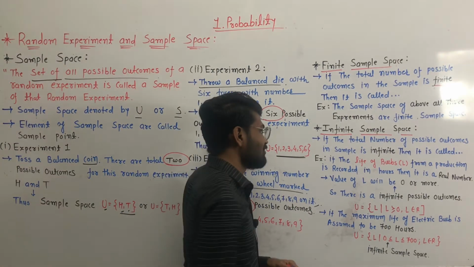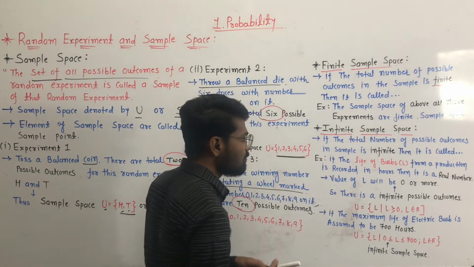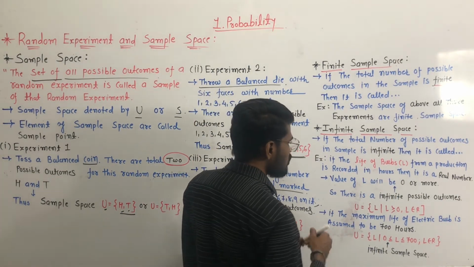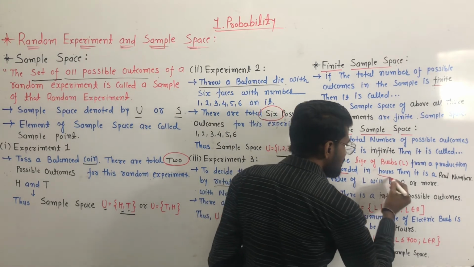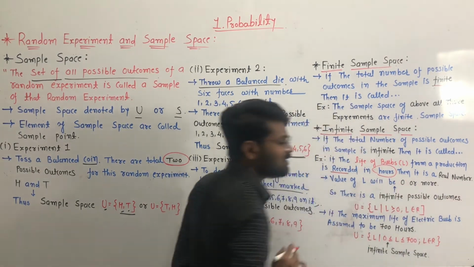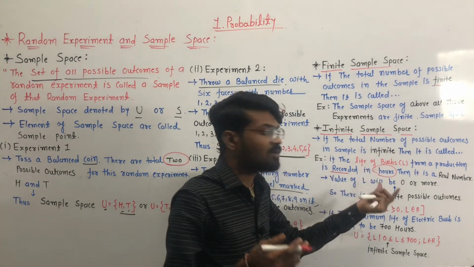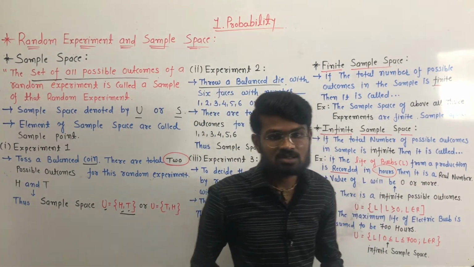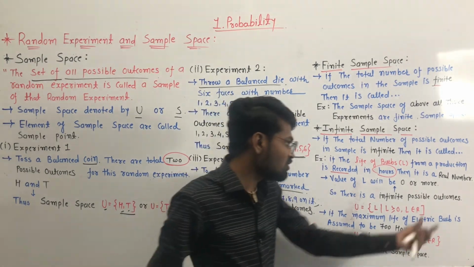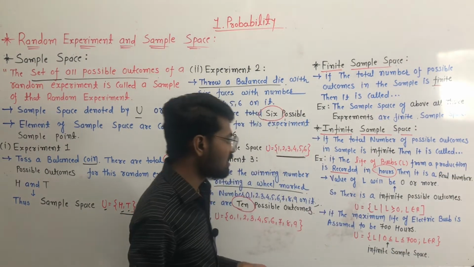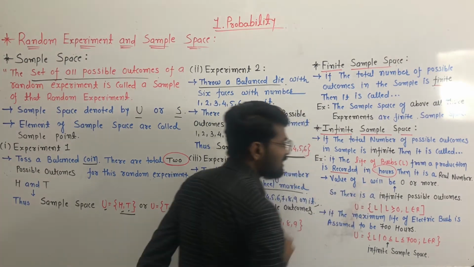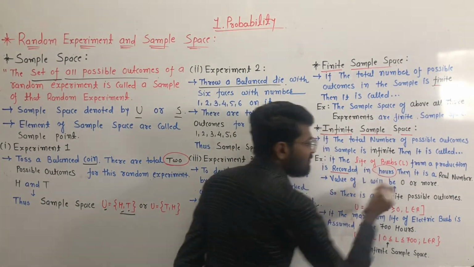Okay, let's go. If the life of a bulb from a production is recorded in hours, then it is a real number. The life of the bulb is a real number, from 0 to infinite. The value of L is the life of the bulb.